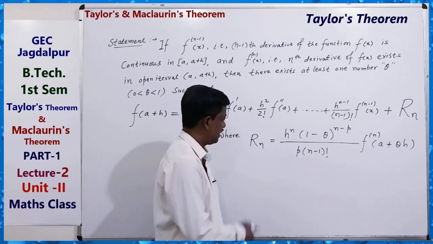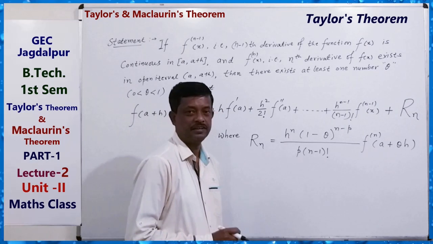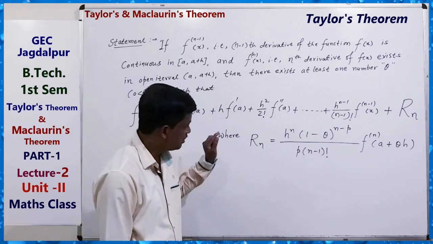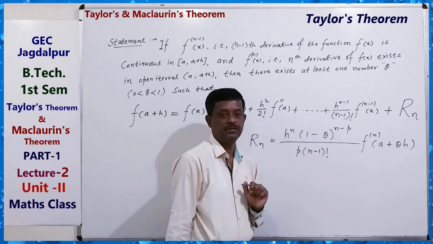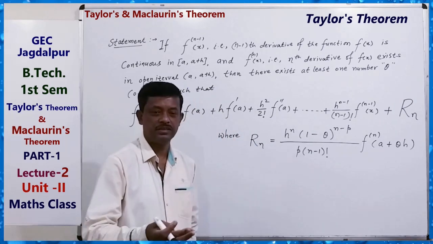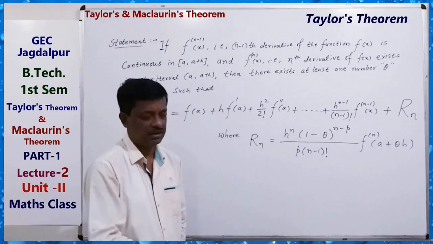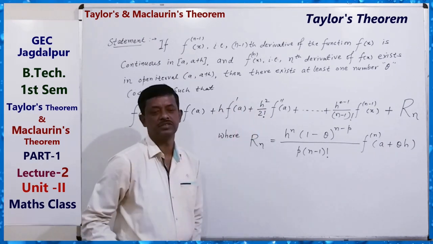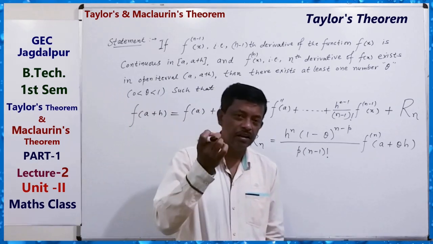This Rn is called the remainder of Taylor's theorem. Different forms of this remainder are given by Cauchy, Lagrange, and Schlomilch and Roche. Generally we use Lagrange's form.